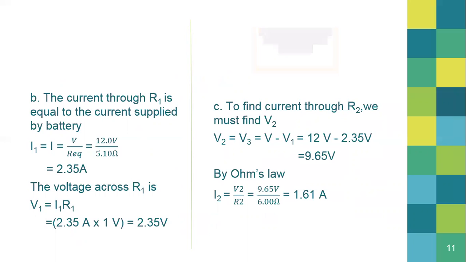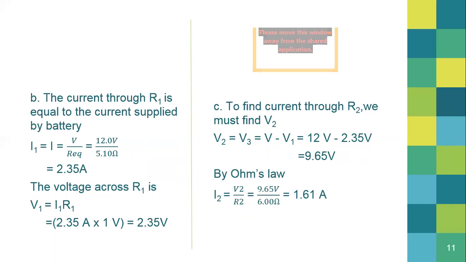So we know that I1 is equal to I is equal to V upon R. Here R is the total or equivalent resistance of the whole circuit and the voltage of the battery is 12. 12 upon 5.105, after division 2.35 ampere. So the current passing through R1 is 2.35 ampere.